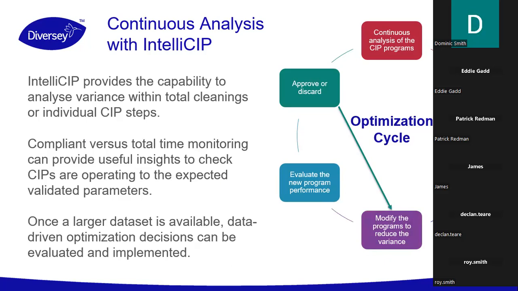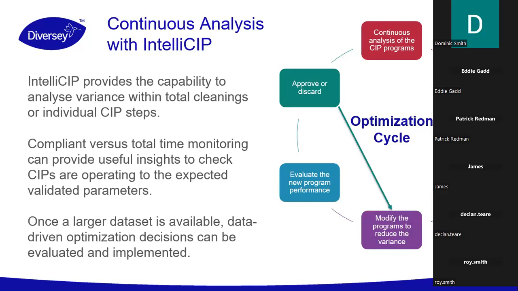And once you've done that, you evaluate the new program performance, and either you accept it or you go, well, that change didn't change anything. Let's do it again. Let's find out what it could be. So it's all part of that circular management cycle of change.